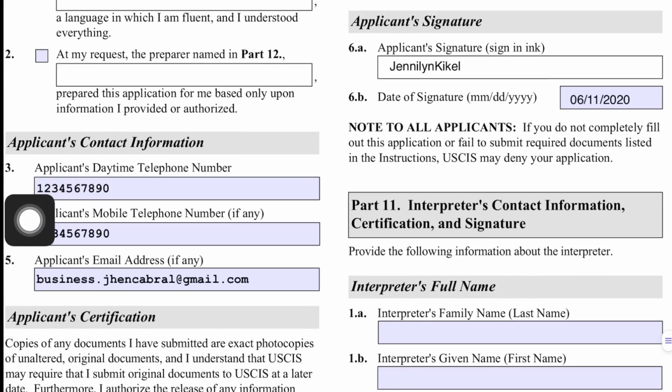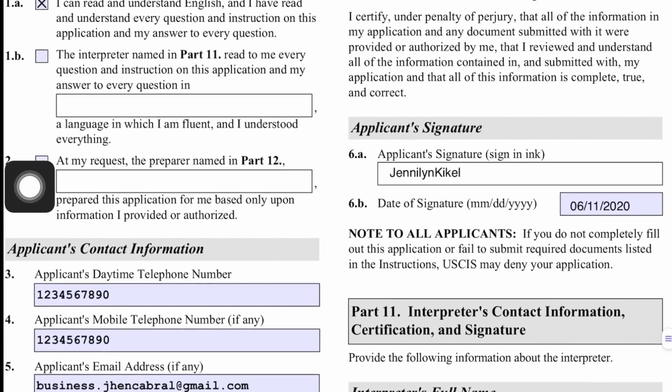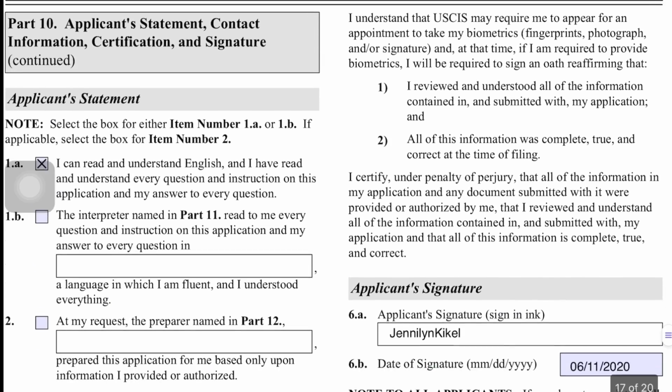So after that, guys, it's gonna be your contact information, the applicant's contact information, the telephone number, the mobile number, and your email address right there. And then it says here, I understand the USCIS may require me to appear for an appointment to take my biometrics, fingerprint, photograph, and or signature.